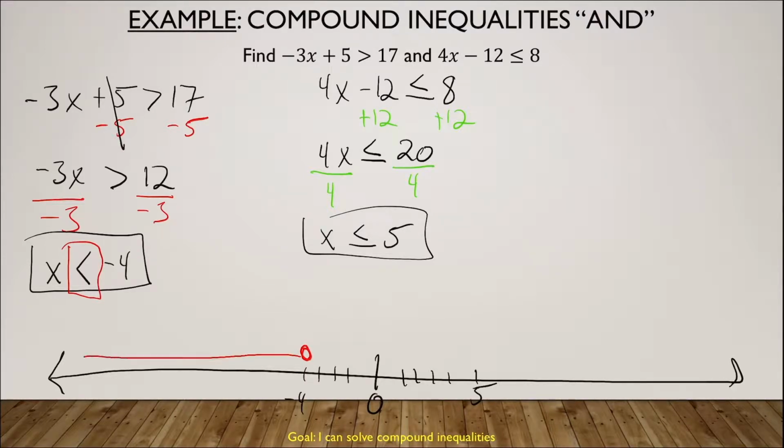Smaller is always to the left. So there's x is less than negative 4. The next one I have is x is less than or equal to 5. Since it can equal 5, I can use a filled in circle. And we're looking for x is less than, which is to the left.